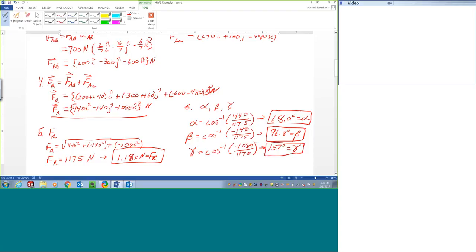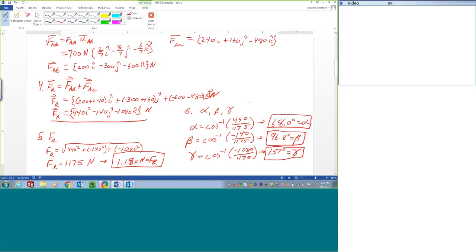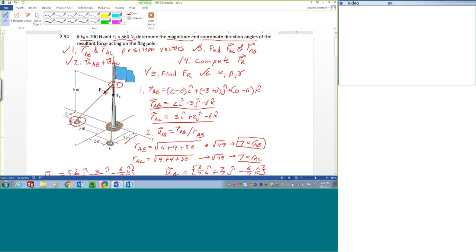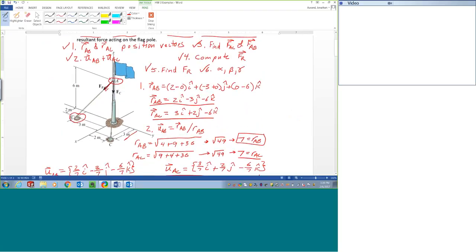All right, so let's take another look up at our problem and our plan. Does that make sense? Adding these two together, we expect the vector somewhere between the two of them. We found an x component, and a little negative y component, and a bigger negative z component. The resultant vector seems to make sense.